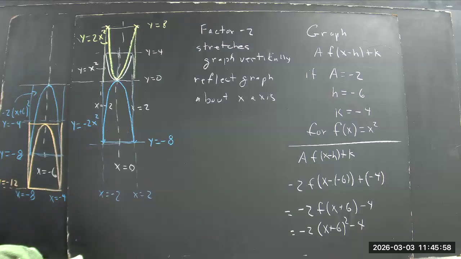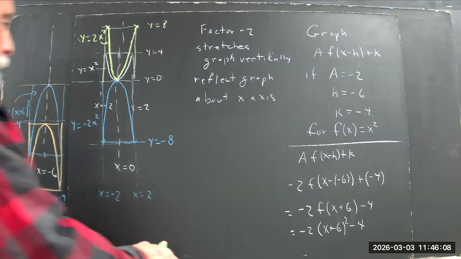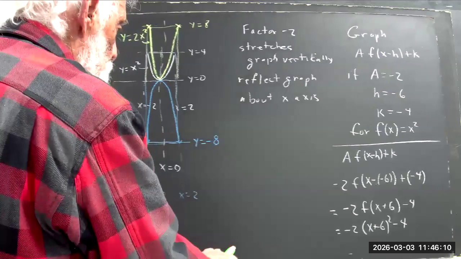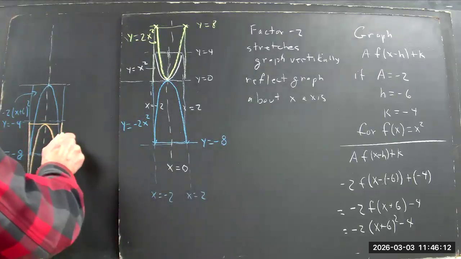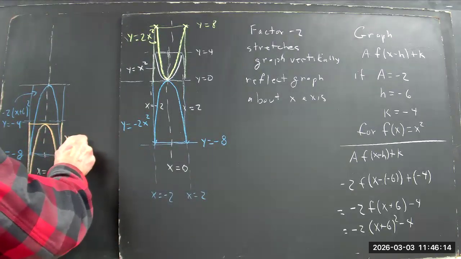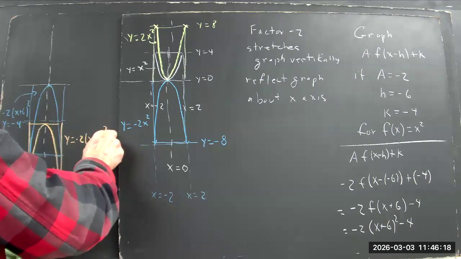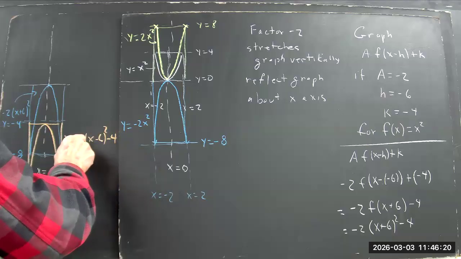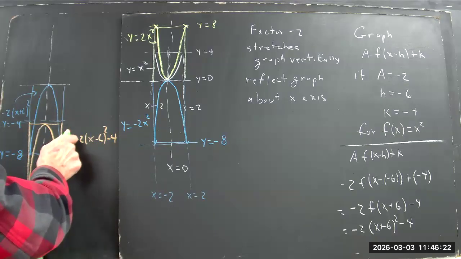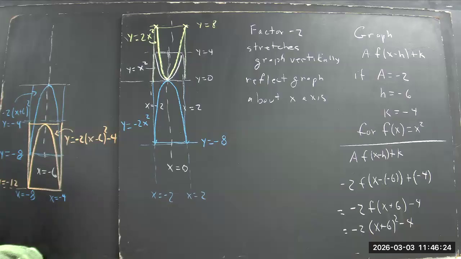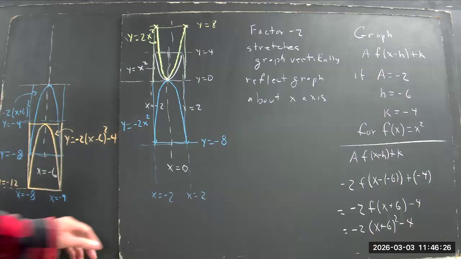So our final graph is this orange graph. It's going to be a little hard to label. I didn't leave myself a lot of room, but I'm going to go ahead and move the board over now. We get y equals -2 times the quantity x plus 6 squared minus 4. And that's the final graph that we have.